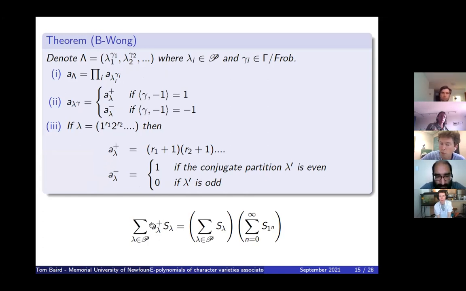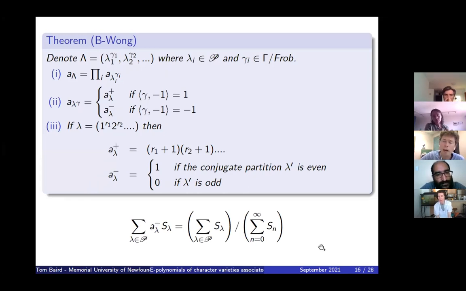So it boils down to certain coefficients that appear in Schur function identities, where you're taking the sum over all Schur functions, and then a sum over Schur functions for kind of trivial partitions, and quotients of these things.